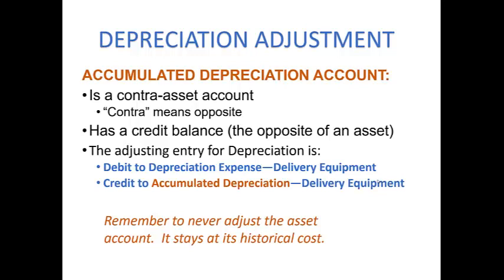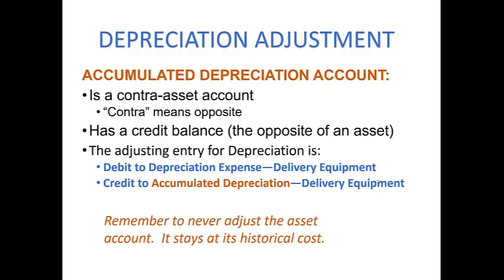It is a contra asset account, which means it's opposite to the fixed asset. For example, the equipment or the fixed asset is a debit, so any accumulated depreciation that's going against it is opposite to it, so it's going to have a normal credit balance.